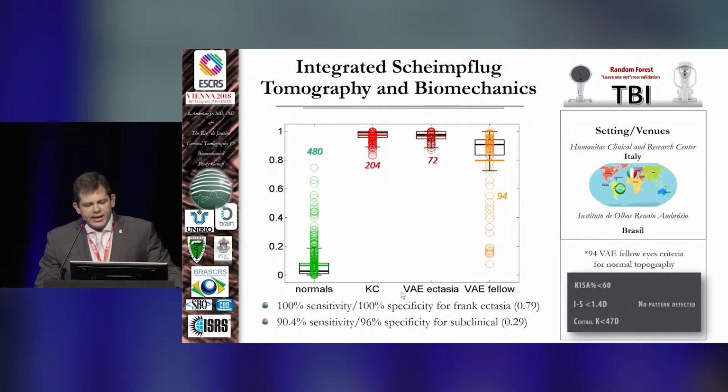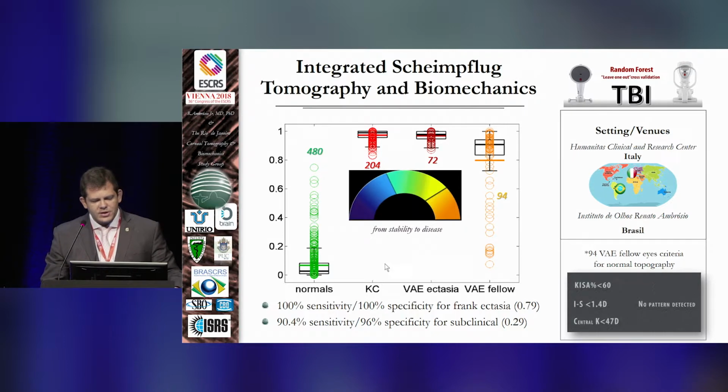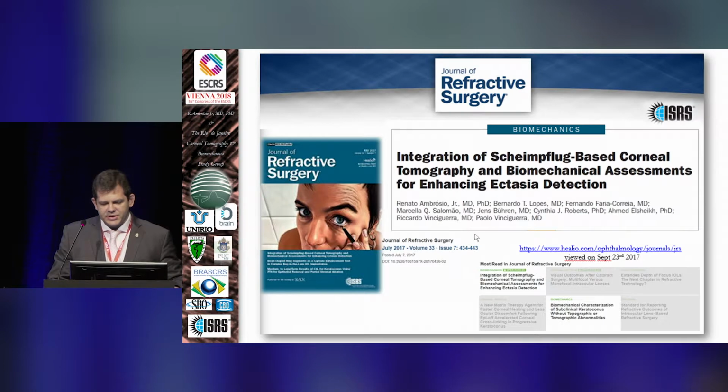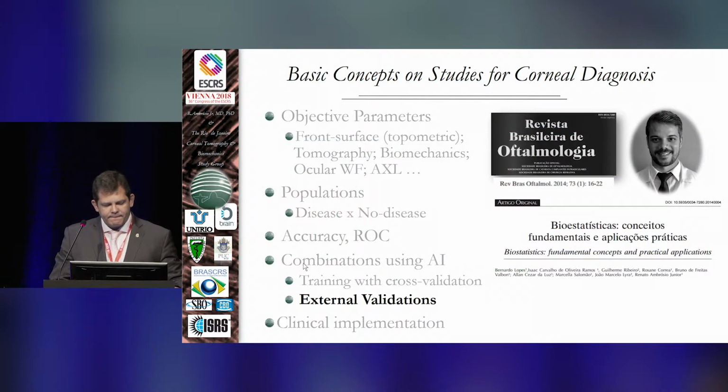So the TBI comes with 100% sensitivity and specificity in this training system that was published in the JRS last year. And for the very asymmetric cases, we have 90% sensitivity with only 4% false positives. So I do believe this is a surrogate of what we call a susceptibility from stability to the disease on the biomechanical metrics. So this is one of the most interesting papers I have ever worked with in my career, and this is published in the JCRS as well.